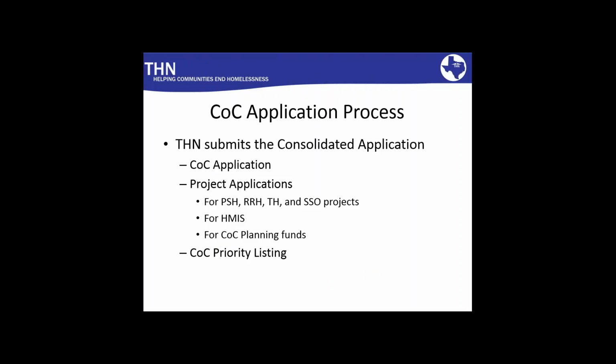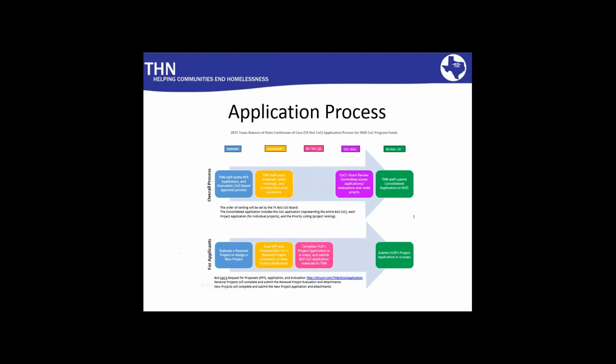There are also the project applications for HMIS and for CoC planning funds. And third is what's called the CoC priority listing, and that's where the CoC tells HUD what the ranking order of the individual projects is. All of those things are required, and PHN is on top of it with the CoC.